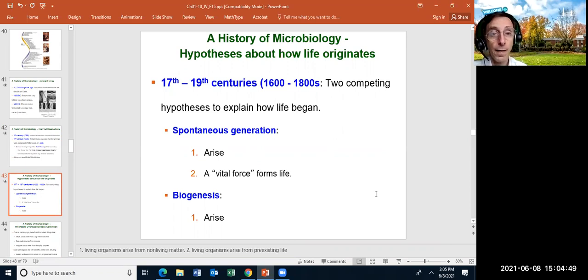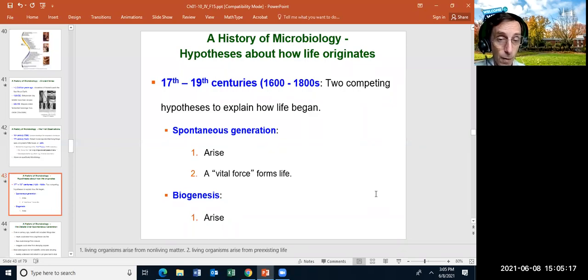All right, I mentioned that the history of microbiology largely concerns the hypotheses about how life originated. And in the 17th to the 19th centuries, meaning from the 1600s to the 1800s, there were two competing hypotheses to explain how life began.